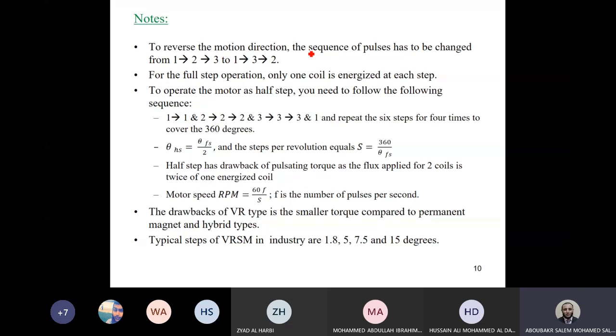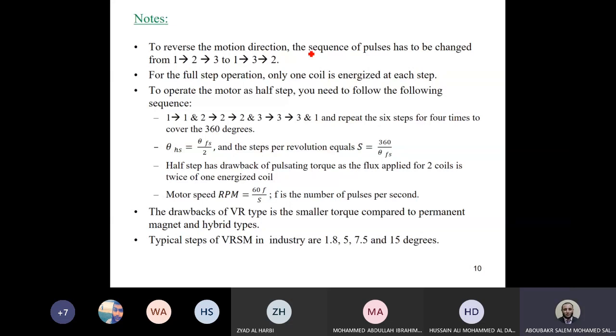However, there is another technique for step operation or control of stepper motor called microstep. In microstep, we can move the machine in very, very small steps, say 0.1 degree.